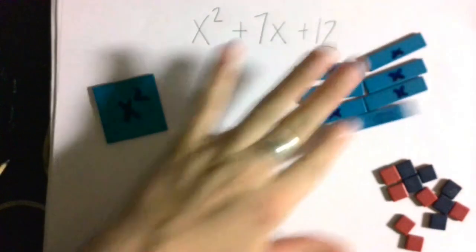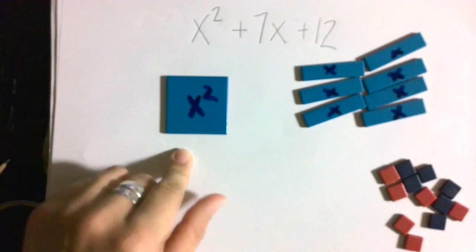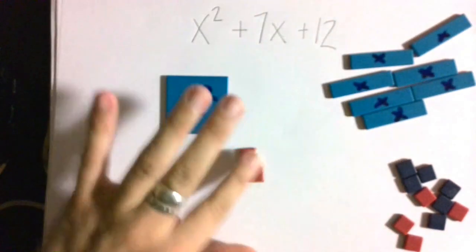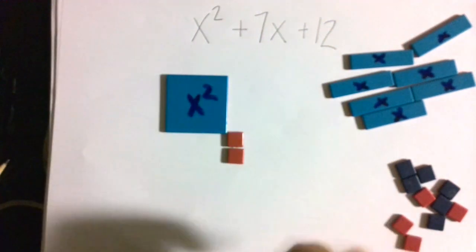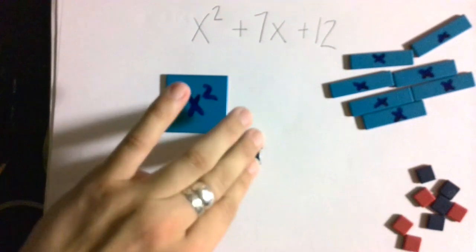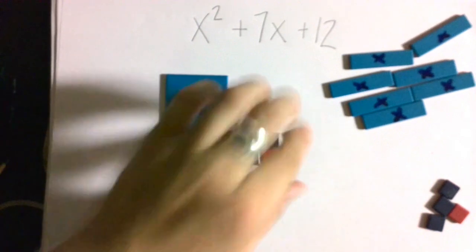The way that I always do it is I start in the top corner with my x squared. Okay, and then I take my other corner and I have 12. So I could do 6 by 2. So we'll try that. If I do a 6 by 2, they're not going to be a perfect rectangle, but you'll get the gist.